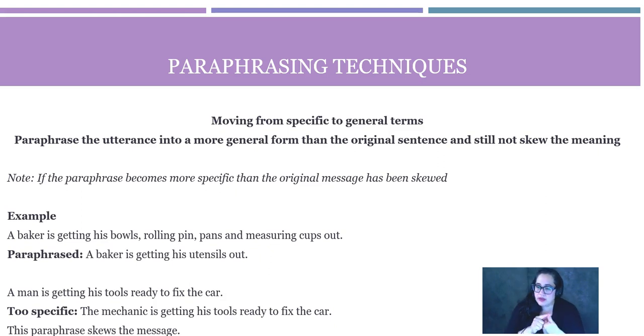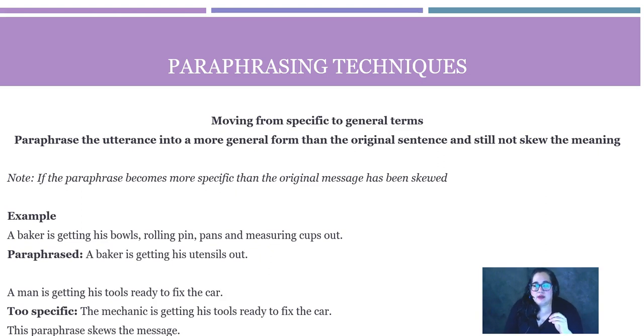Could have been the neighbor, could have been somebody trying for the first time ever to fix his car, somebody very knowledgeable, somebody who does this for a pastime, for a hobby. The list could go on as to what that sentence really means, but you have skewed the message by calling the man in the sentence a mechanic. So it doesn't work the other way.